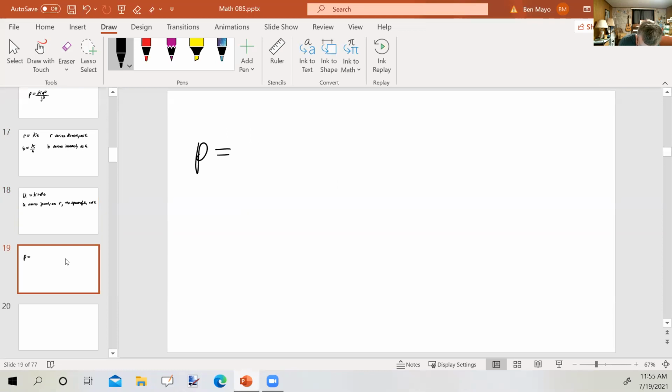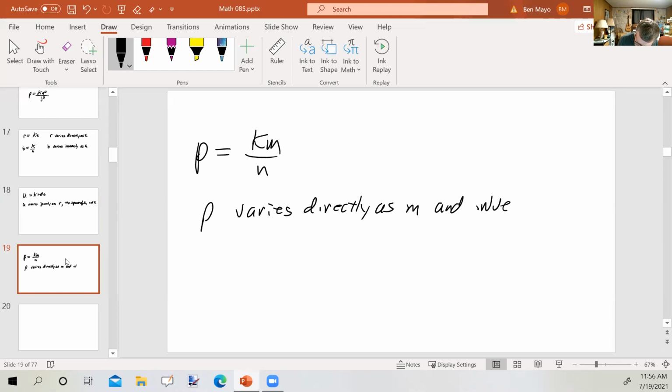P equals KM over N. P varies directly as M and inversely as N. All right. Any questions about that? Okay. Well, that's all I've got for you today. So if there are no further questions, we'll call it for the day.